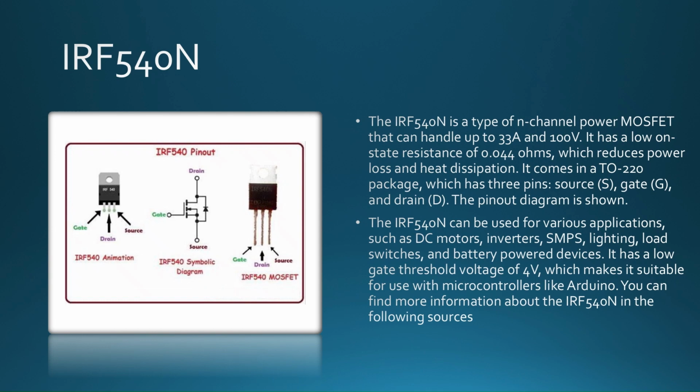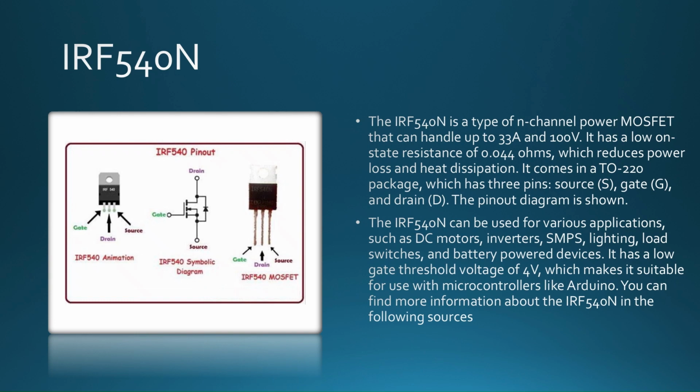The IRF540N is a type of N-channel power MOSFET that can handle up to 33A and 100V. It has a low on-state resistance of 0.044 ohms, which reduces power loss and heat dissipation. It comes in a TO220 package, which has 3 pins, source, S, gate, G, and drain, D. The pinout diagram is shown.